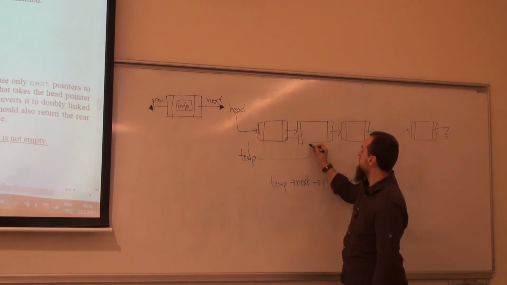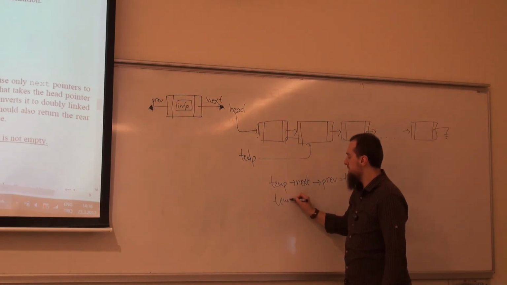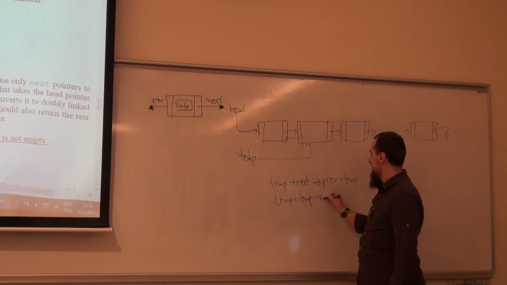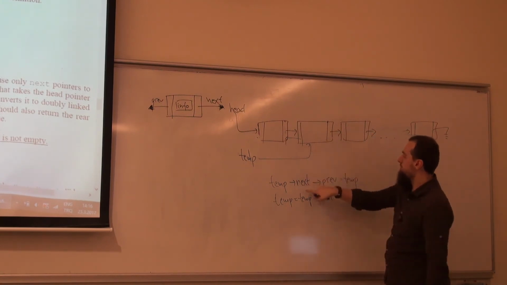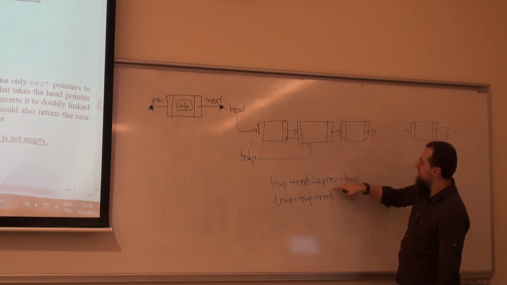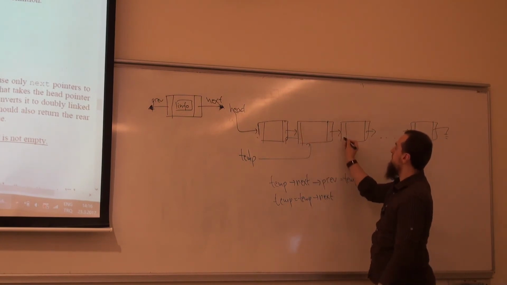So temp comes here. You can do it. Very nice. Temp is equal to temp next. And again, here you do the same thing. Temp, this is temp. Next, we are here. Previous is this one, is equal to temp. Temp is pointing here, so this is here.